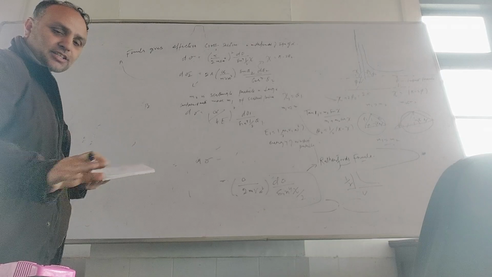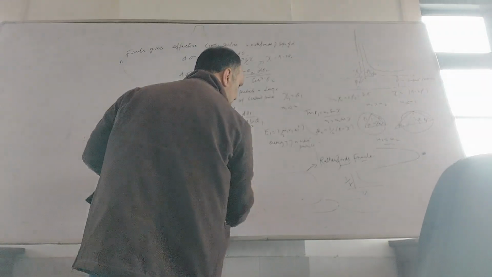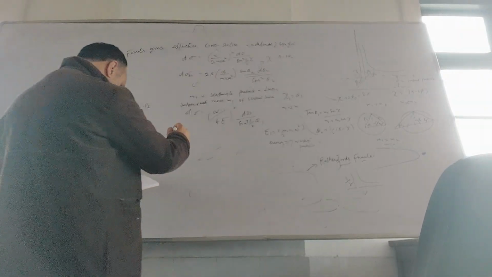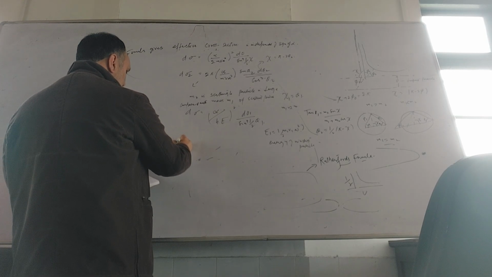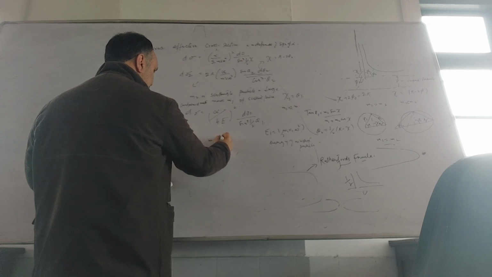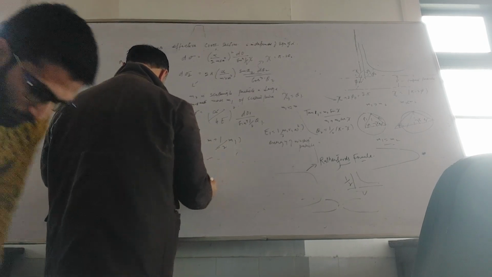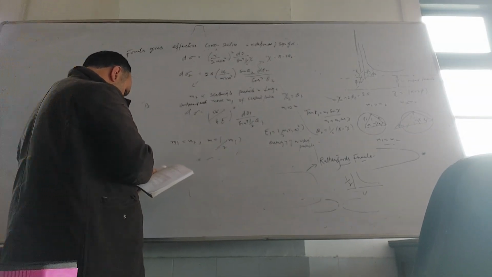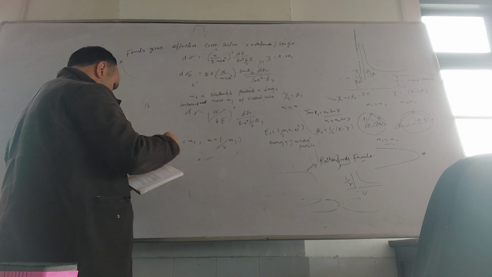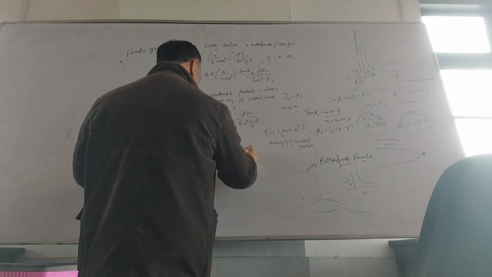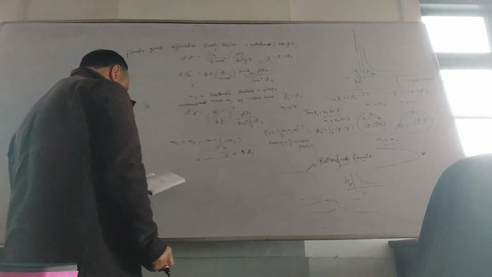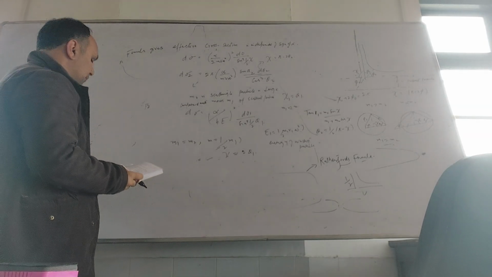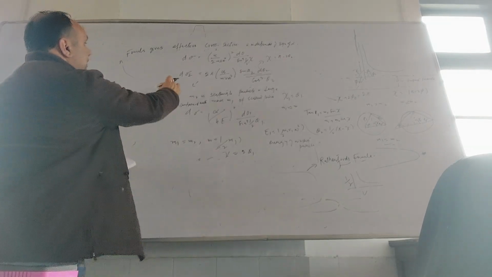Now this is the second case, the easy case we have: M1 is equal to... so this is one sigma, and this one was written as sigma 2.